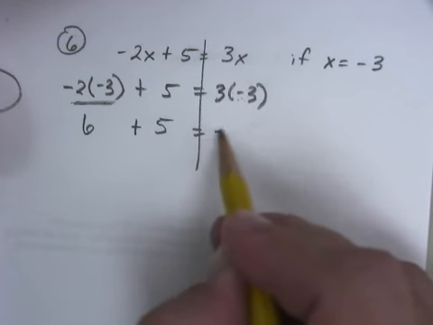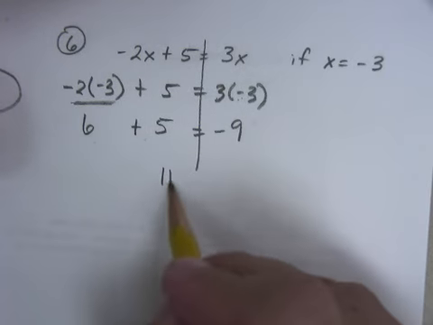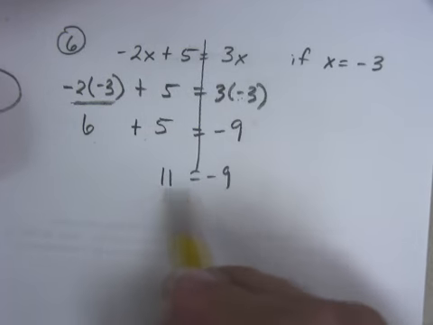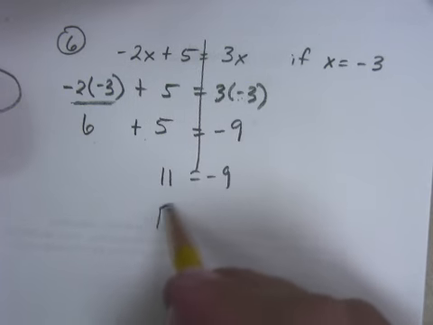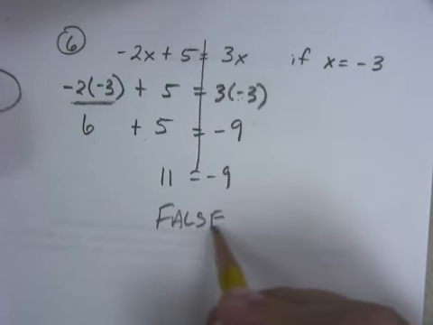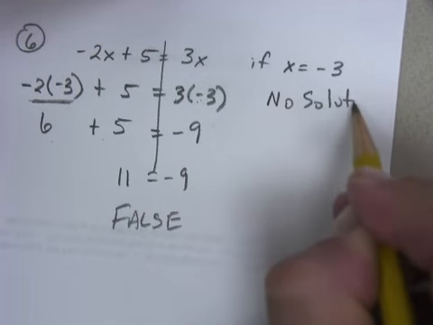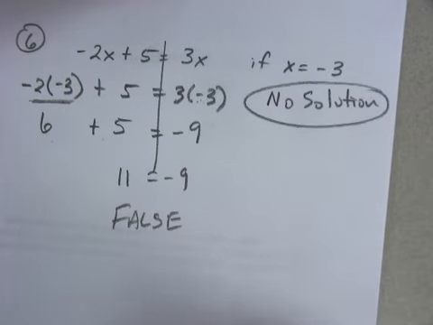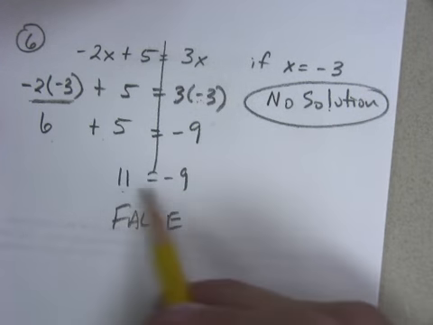Multiply right here. So 11 equals negative 9. And that's not true. 11 and negative 9 are two different numbers. So that's false. And then I would call this a no solution.